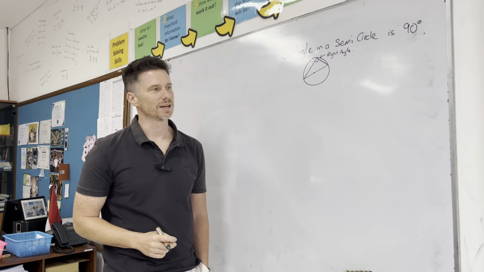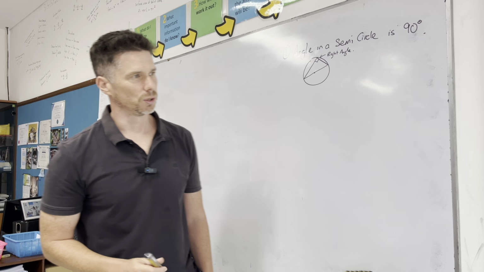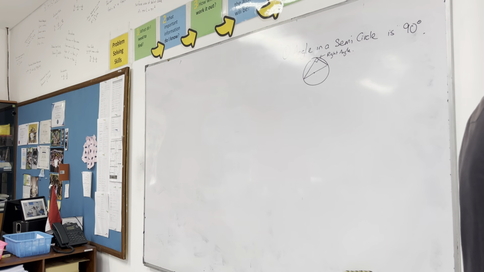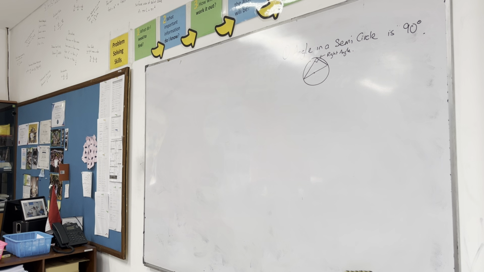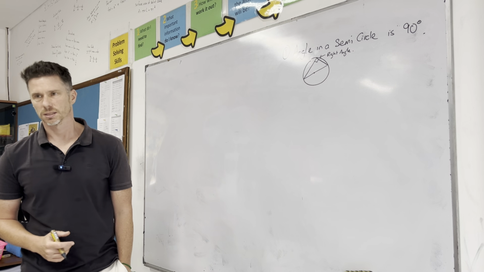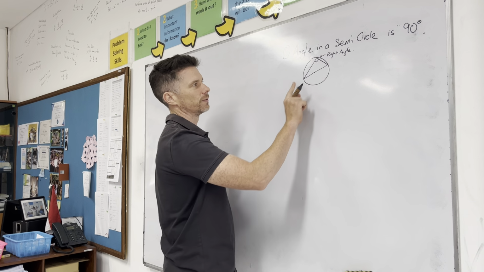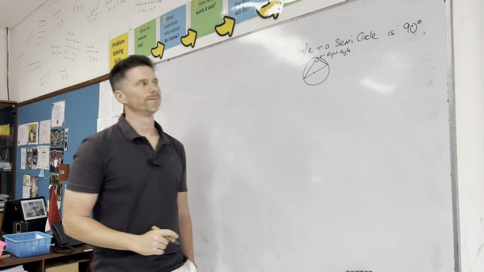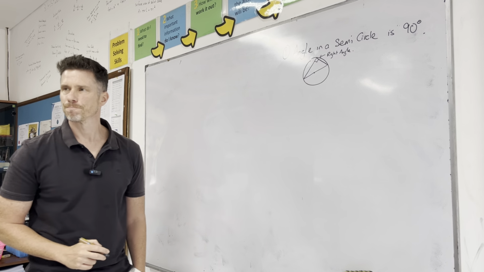So in all these examples we have here, I know that this angle will be 90 degrees, this angle is 90 degrees, and this angle here is 90 degrees. If I remove this half of the circle, it'd be a semicircle, yeah.